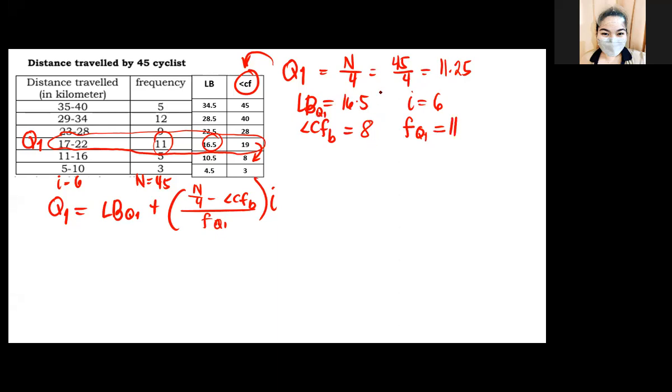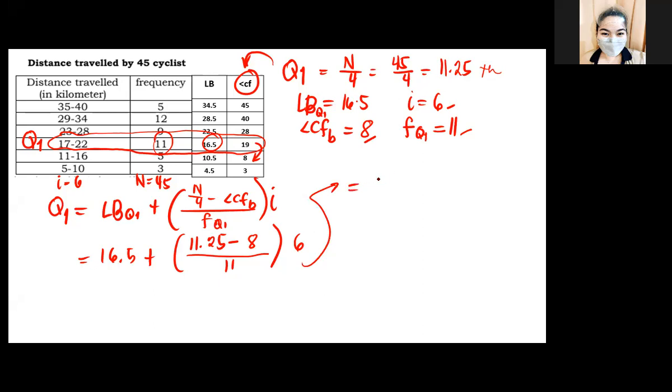Kung nakuha nyo na yung mga values, identify nyo na yung class, madali na lang kasi mag-substitute na lang kayo and you will perform the indicated operation. So there's 16.5 plus yung n divided by 4 natin is 11.25 minus yung below, 8, divided by yung frequency 11, times the interval, which is 6.